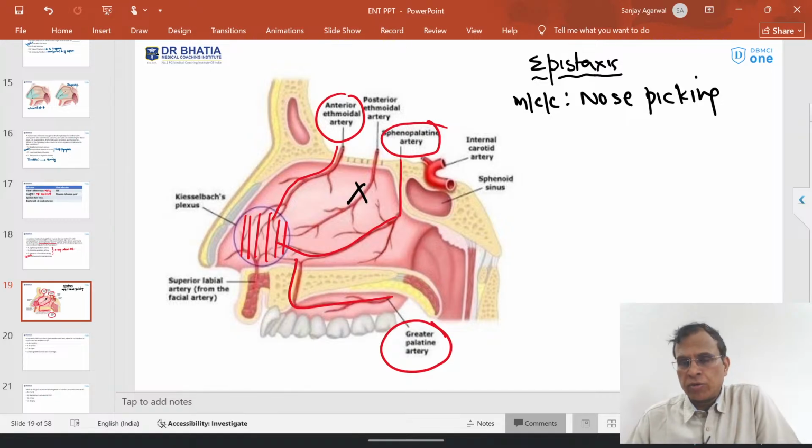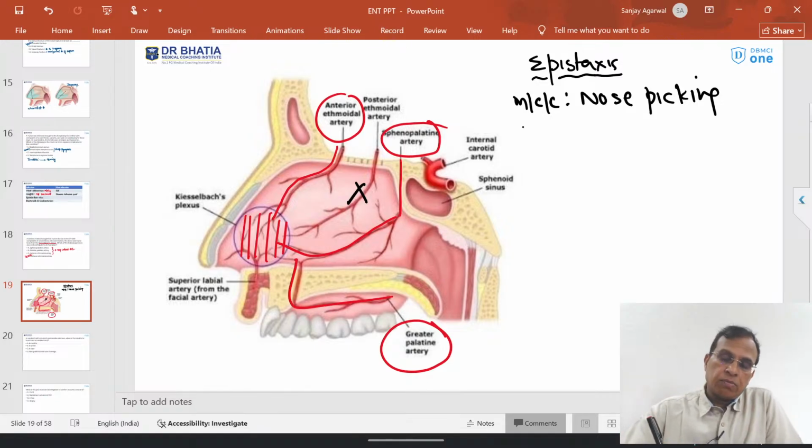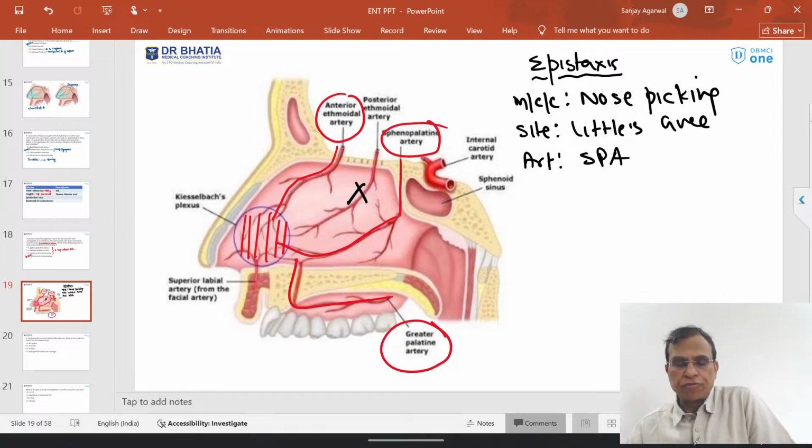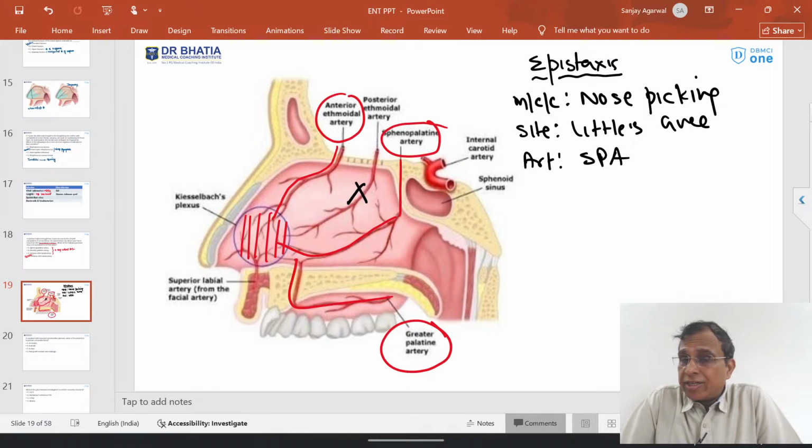Otherwise, trauma, you can say trauma. Most common site, either Little's area or Kiesselbach's plexus, same thing. Artery of epistaxis, sphenopalatine artery. That means out of the four arteries, this is the main artery. They can all contribute to the bleeding, all four of them except posterior ethmoidal. But the main artery that bleeds is the sphenopalatine artery.